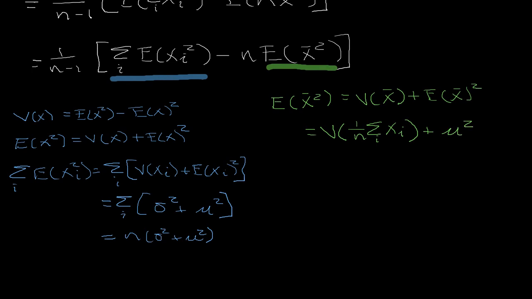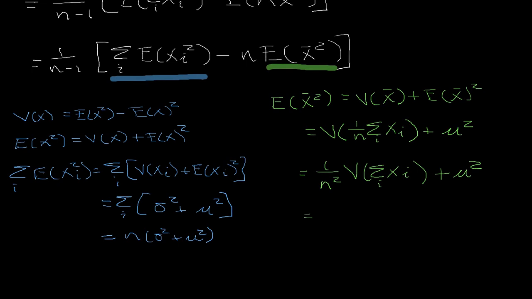Now we're going to exploit the properties of the variance. And 1 over n is a constant. So the way to take constants out of the variance is by squaring them. So we're going to have this, the variance of the sum of xi over i, plus mu squared. So the variance of a sum is the sum of variances.